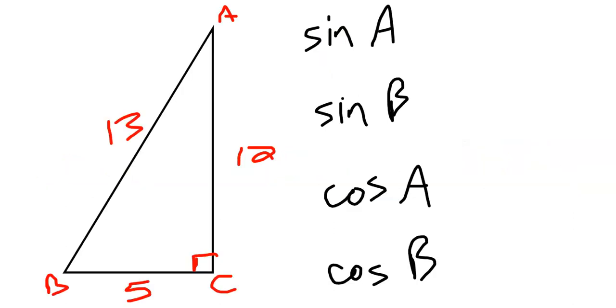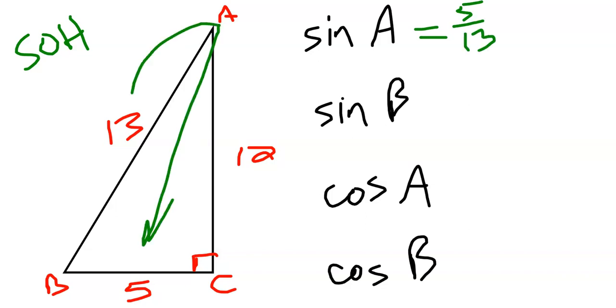So if we had a right triangle that looked like this, where we had triangle ABC, and we had sides 5, 12, and 13. You'll recognize it from the tangent video. We could talk about the sines of each of the angles. So if we look at angle A, the side opposite angle A, remembering SOH, sine opposite over hypotenuse, the side opposite angle A is 5, and the hypotenuse is 13.